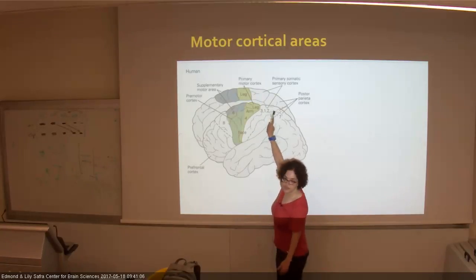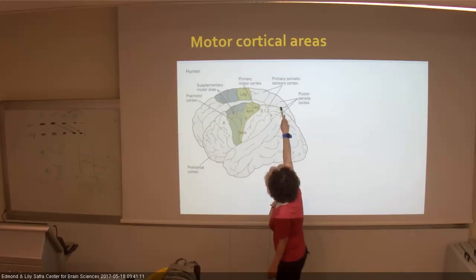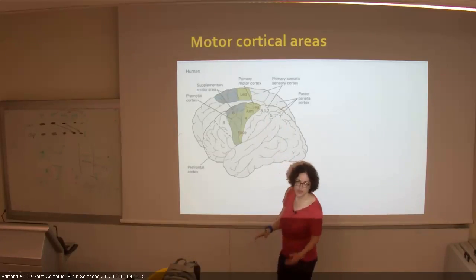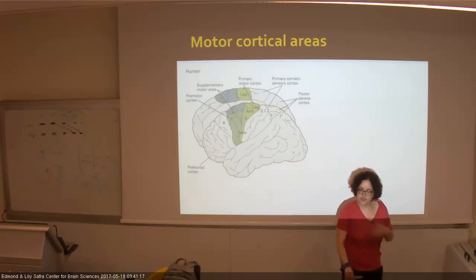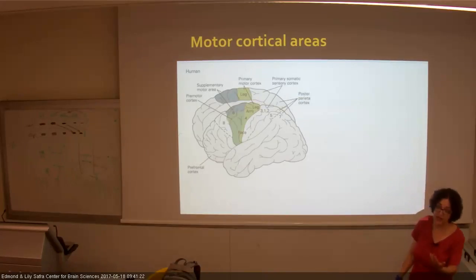The posterior parts are sensory areas. There is the primary somatosensory cortex, areas 3, 1, and 2, and these different areas process different submodalities of somatosensation.